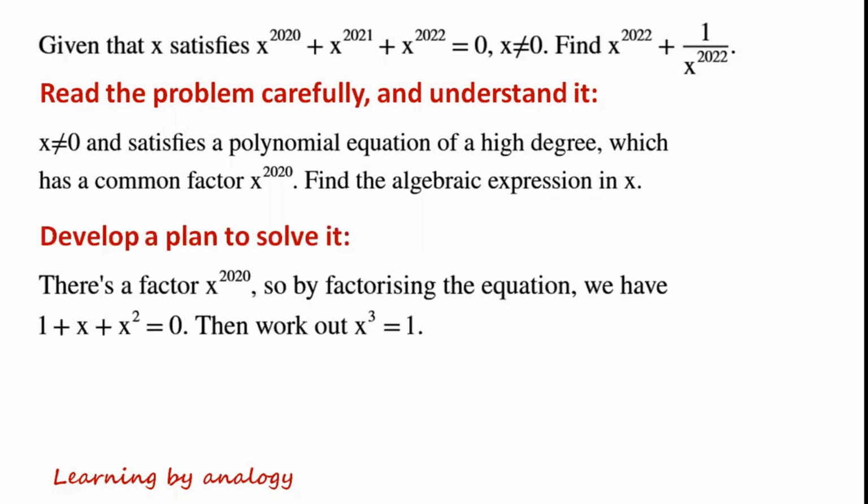There's a factor x to the power of 2020. So by factorising the equation, we have 1 plus x squared equals 0.